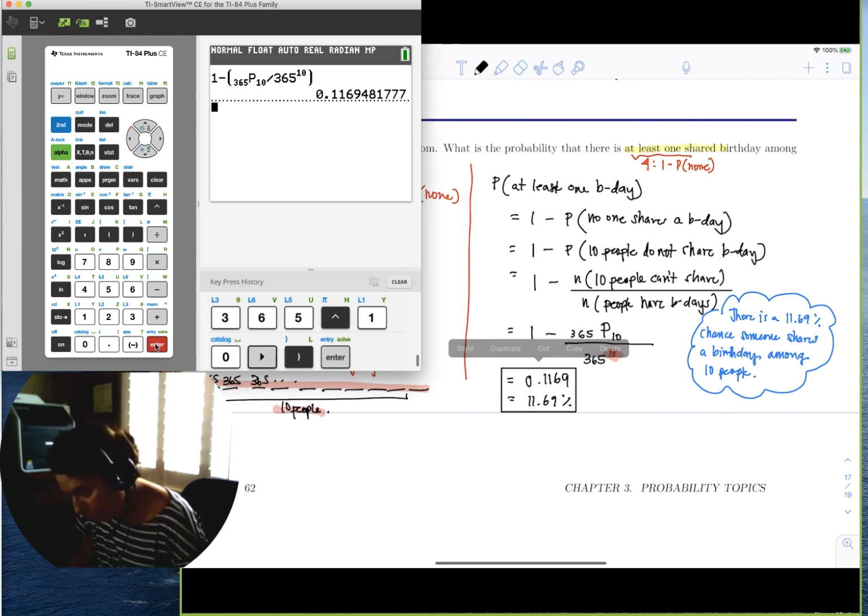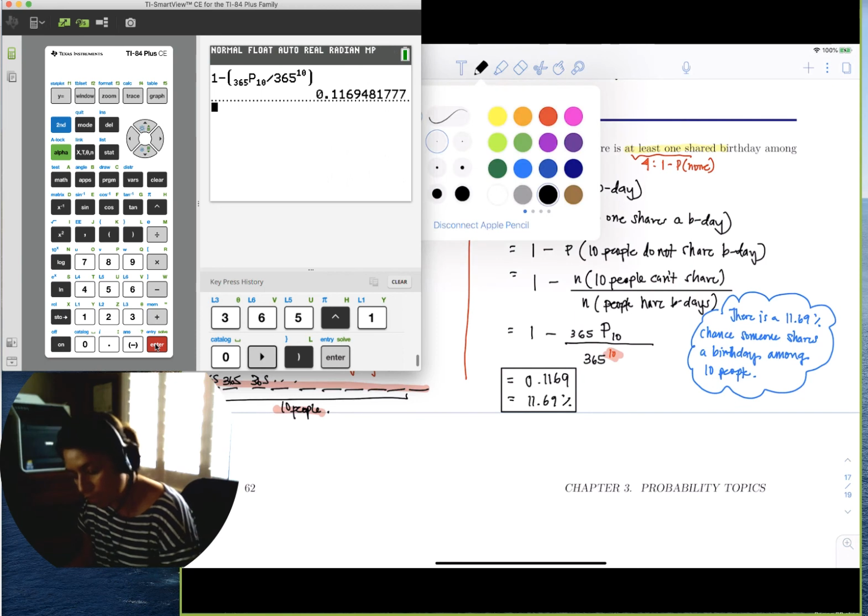So in general, the formula goes, let me do a fun color.